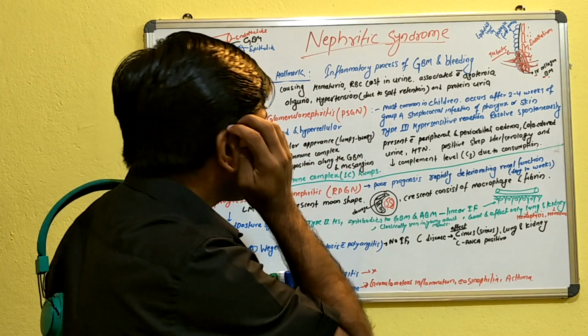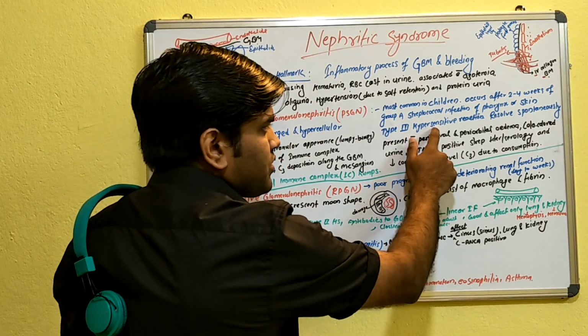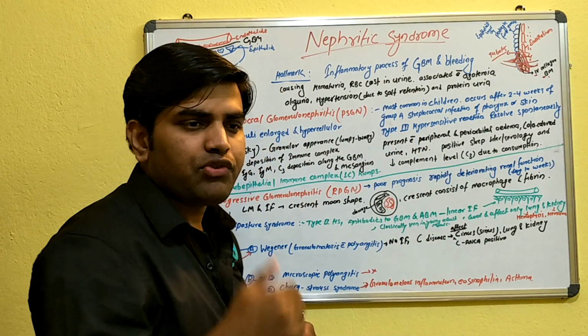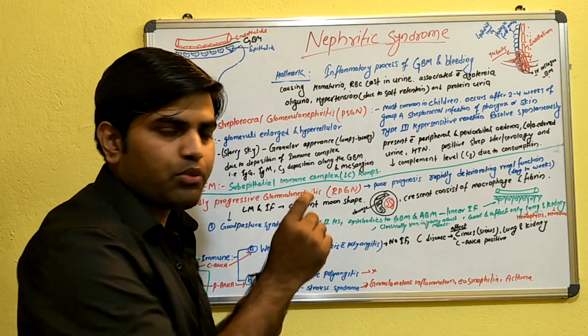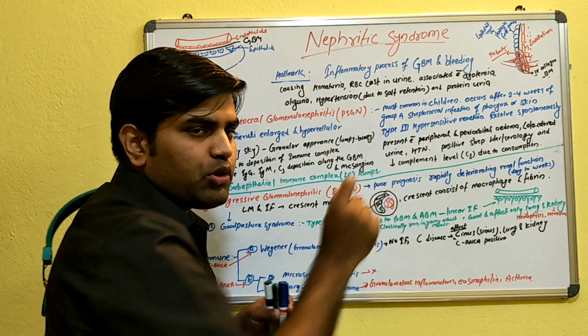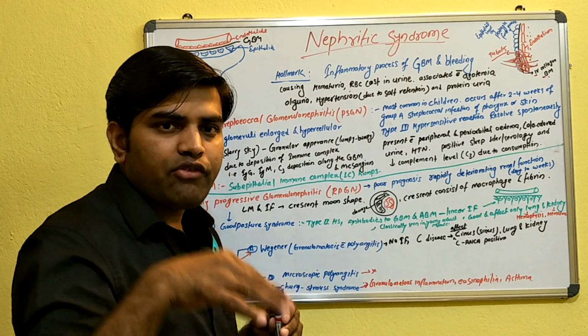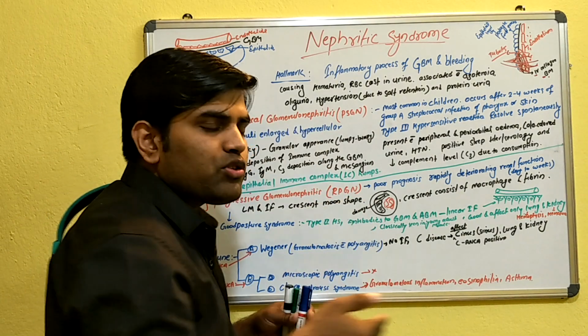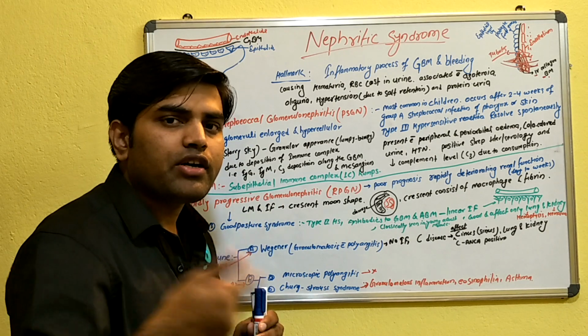Now we are talking about the reaction. This is a type 3 hypersensitivity reaction, that is, immune complex. We will talk in detail about every hypersensitivity reaction. Here we are talking about the immune complex: antigen and antibody both present and circulating, and when it goes and is deposited anywhere, it causes damage. Since the immune complex is there, it will activate complement as well.